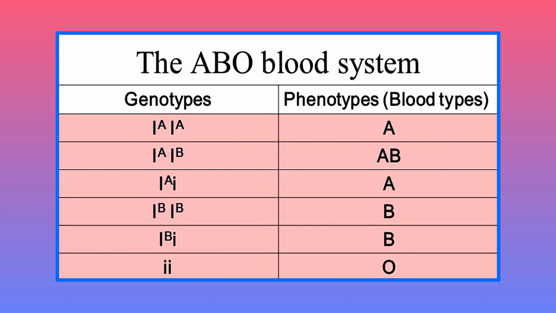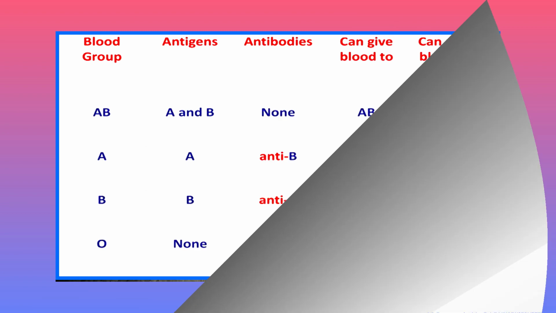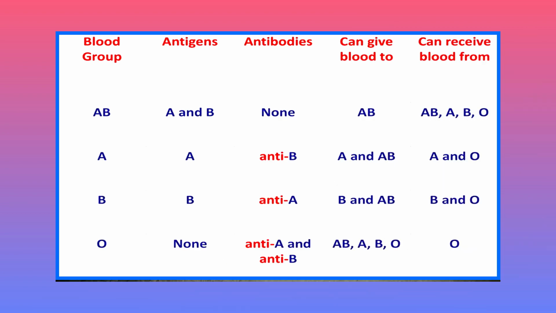The allele IA specifies the production of the antigen A and the allele IB specifies the production of antigen B. However, the allele i does not specify any antigen. Among the 6 possible genotypes, there are 4 distinguishable phenotypes: the A, B, AB and O blood types.